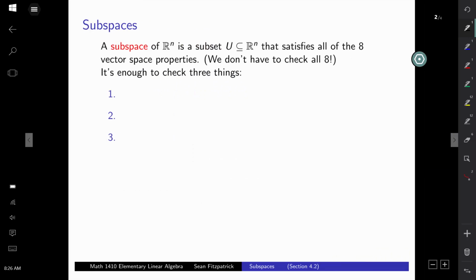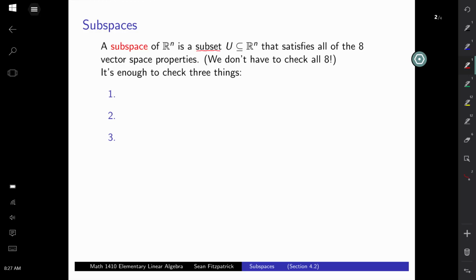Okay, so what is a subspace? A subspace, first of all, is a subset. Remember, subsets were introduced way back in chapter 1. It was considered some of our review material. We covered this in the very first week. A subset is just some collection of objects which is contained within a larger set.